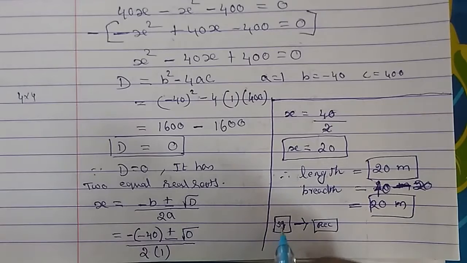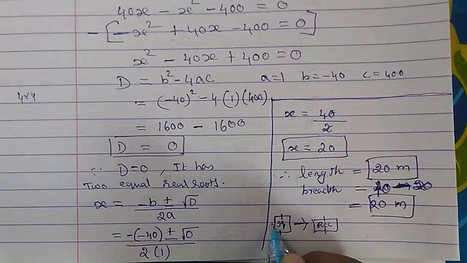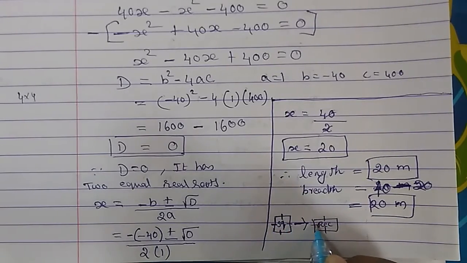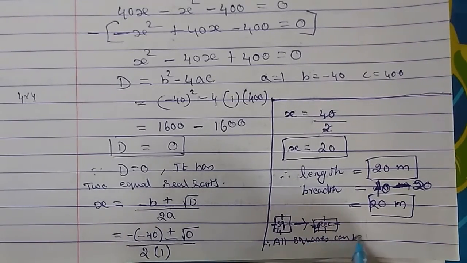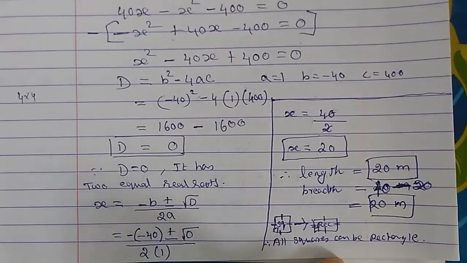Because in a square, opposite sides are same, and in a rectangle also opposite sides are same. Here also it is 90 degree. So all the qualities of the rectangle are there in the square. Therefore, all squares can be rectangles. So that's why this can be a rectangular park.